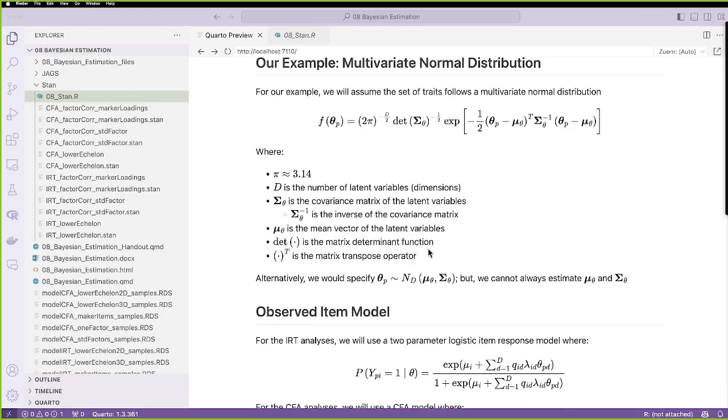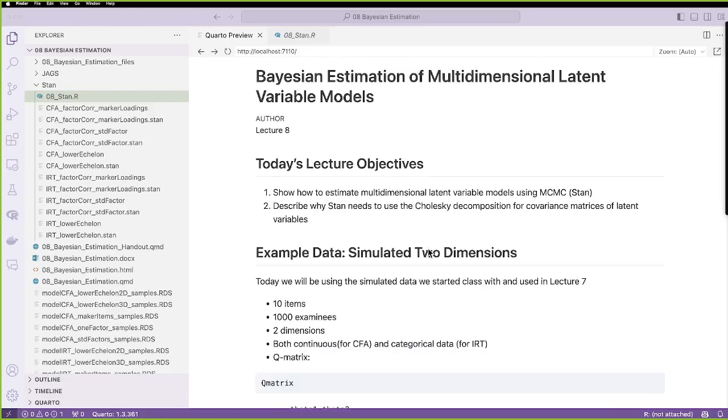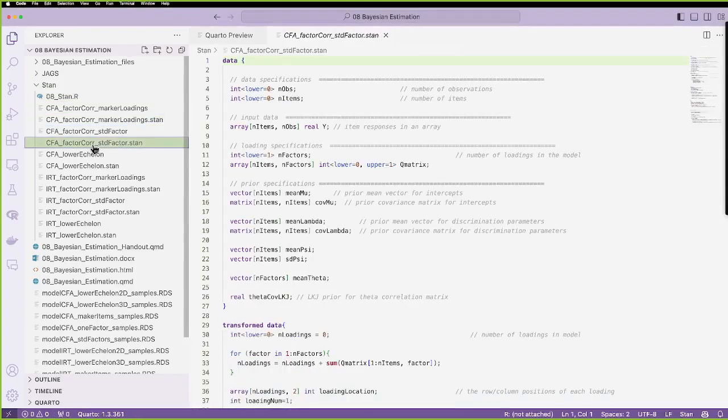So our use of Stan basically is a program that will take a syntax file, something like this one right here, and convert it into C++ code, compile that code for you, and then run your model on a standalone program. So even though we're going to use R to access Stan, Stan is actually a standalone program.